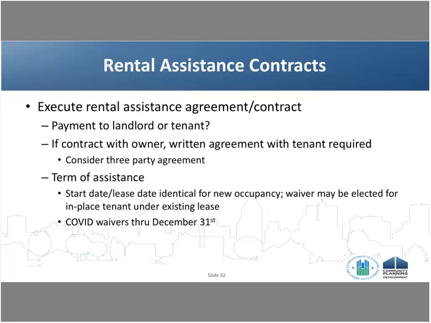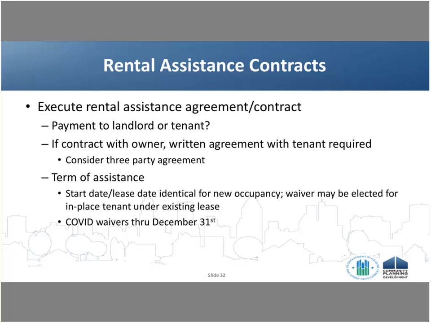And we've previously mentioned, and you saw in the answers in the Q&A, that HUD is reviewing a sample third-party agreement that we hope to make available in the near future. However, I want to stress that it's an option for the PJ to decide who executes the contract.